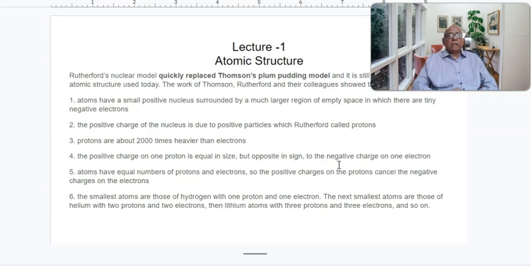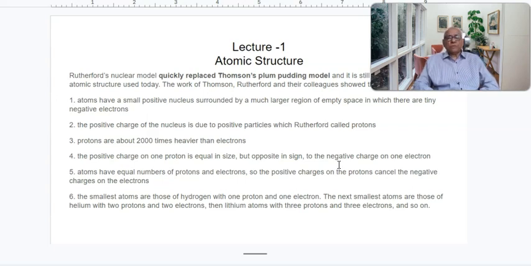Here I would like to at least say the size of an atom. If we take a hydrogen atom, it is 10 to the power minus 10 meter in diameter, and the size is so tiny that we can never see it by any microscope.